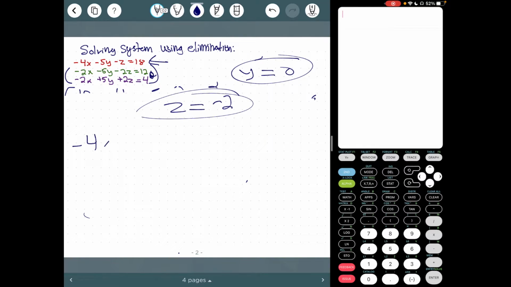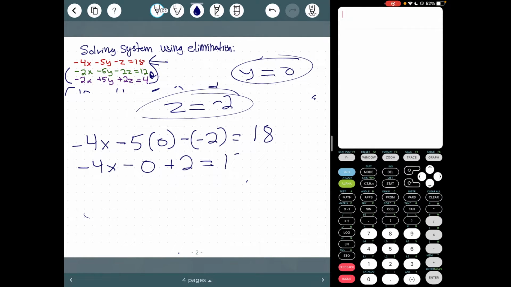Negative 4x minus 5 multiplied by the y value, which is 0, minus the z value, which is negative 2. Remember to keep the negative sign in there. Equals 18. So we have negative 4x minus 5 times 0 is just 0. And then we got a negative multiplied by negative 2, which would make that a positive 2 equals 18.